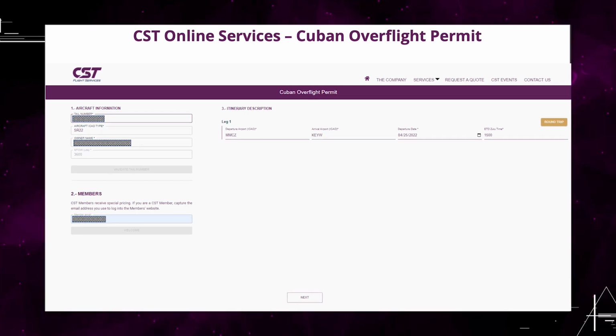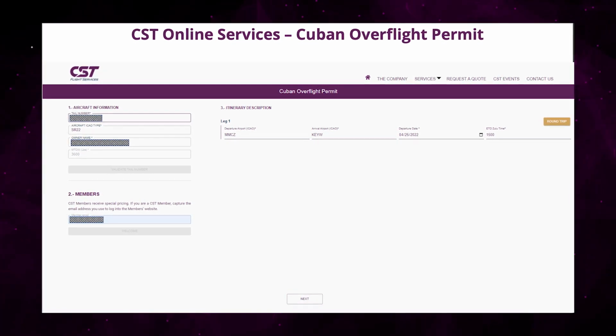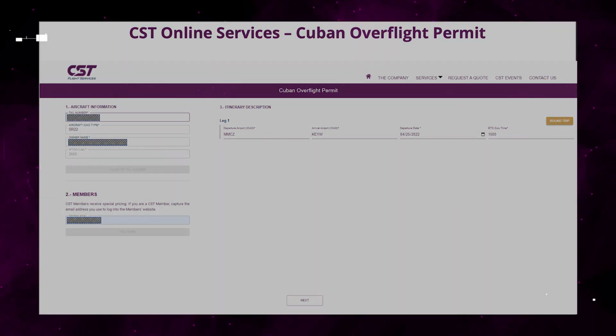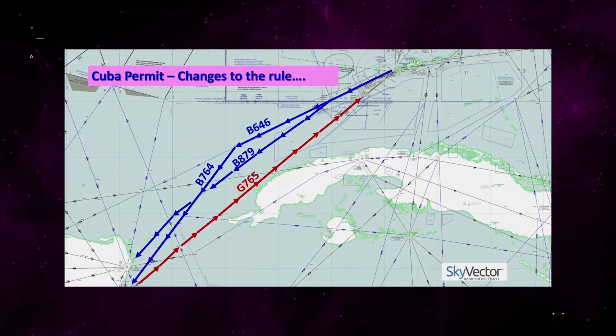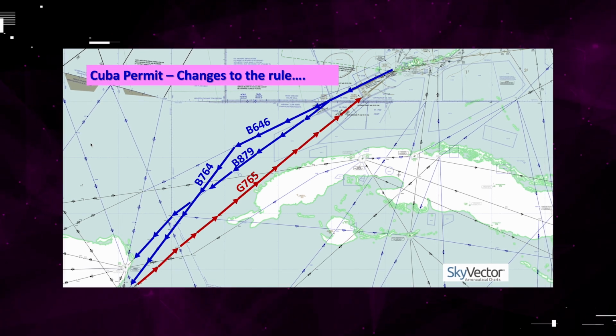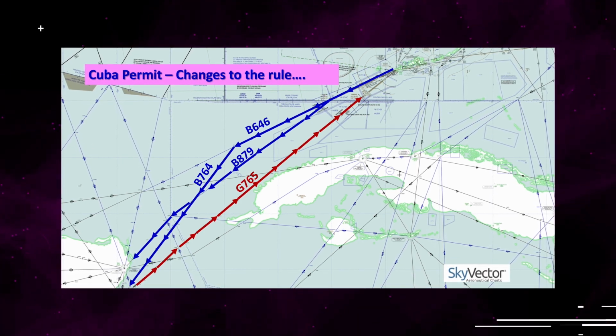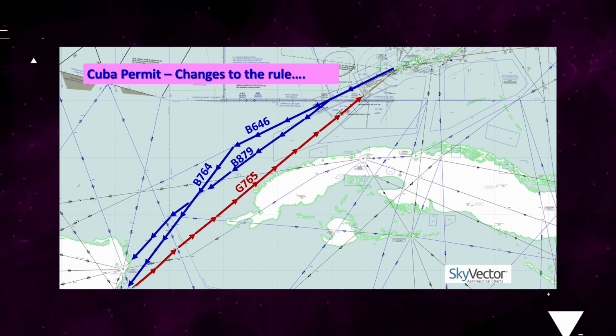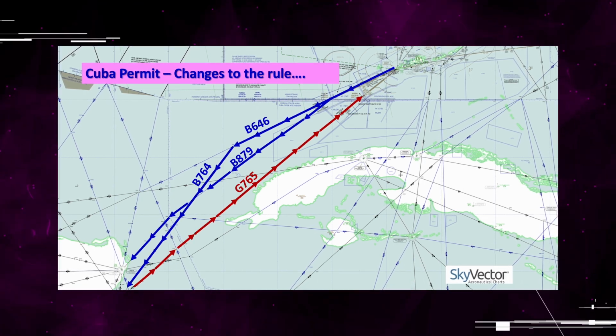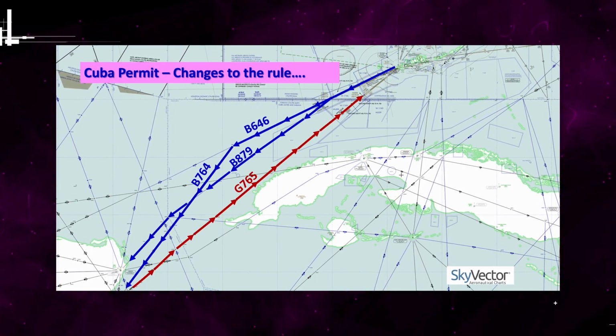While Cuba normally requires an overflight permit to fly in their airspace, there are some routes where this may not be necessary. Now, historically, one of those routes had been Green 765 or Upper Green 765. But today, we are required to obtain a Cuban overflight permit for those airways, and you must fly those airways under IFR.